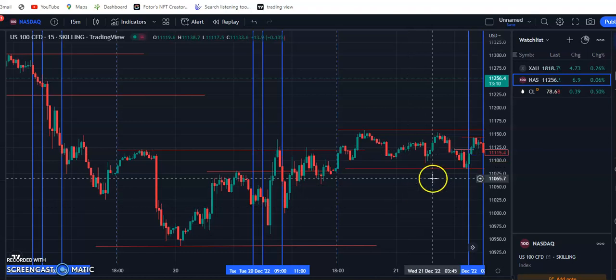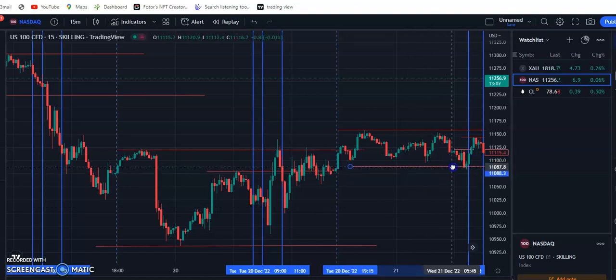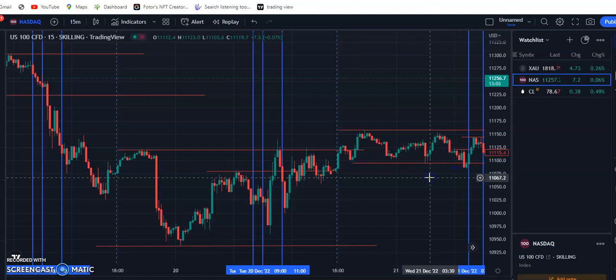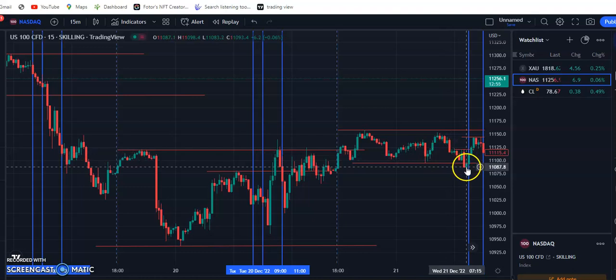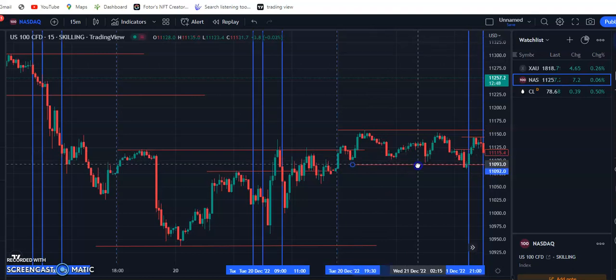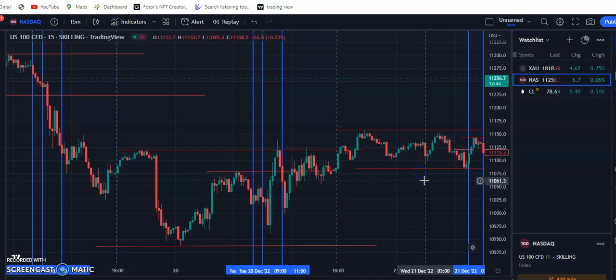We want the first hour to set the high and the low. Then we come back to the low, break structure, retest, continue. So when I was looking at this instrument, my thesis was that we will be going higher.